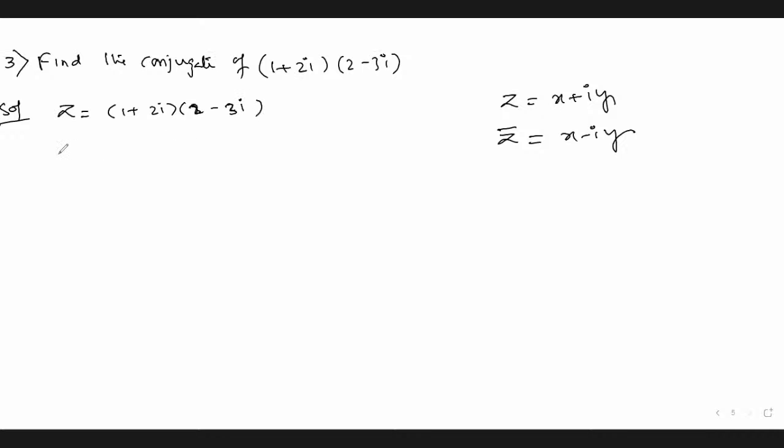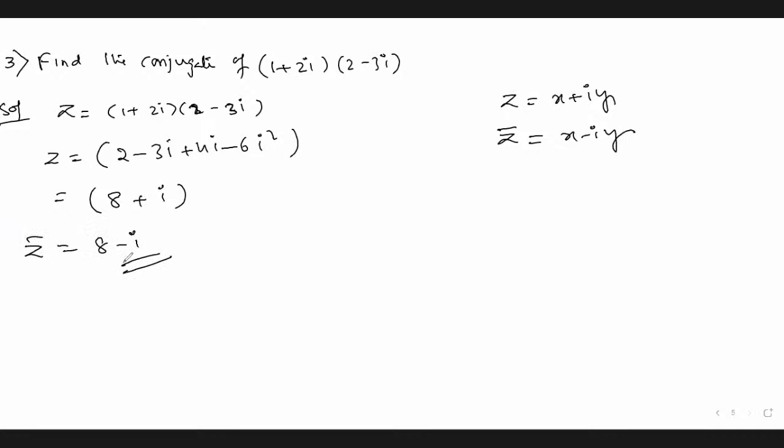Multiply inside: 2 minus 3i plus 4i minus 6i square. I square value is equal to minus 1, so it becomes minus of minus 6. 6 plus 2, 8 plus i you are going to get. I want the conjugate of this, so z bar is equal to 8 minus i. Copy this one.